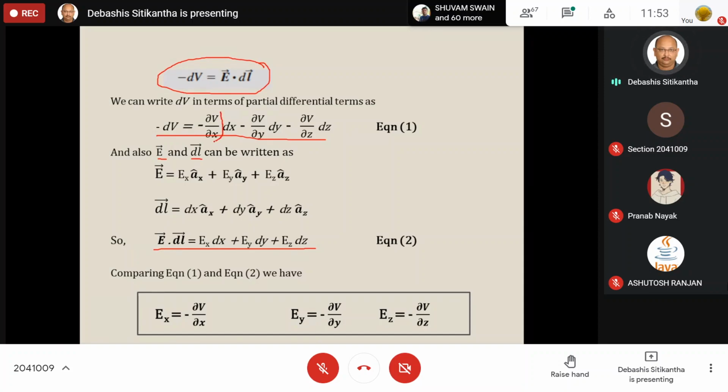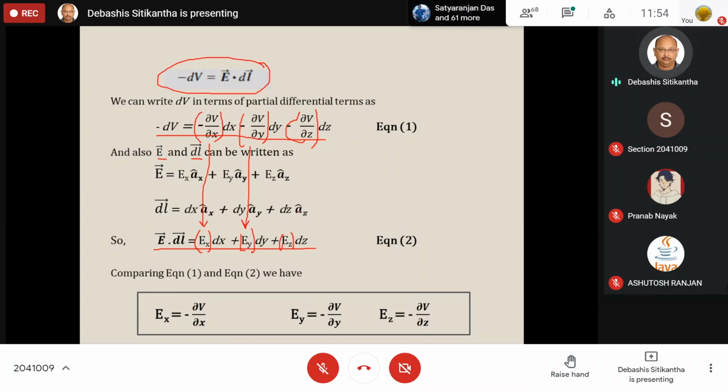term by term. So the x component has a coefficient of minus del V by del x, and here dx has the coefficient Ex. So these two are going to be the same. Similarly, the coefficient for dy is minus del V by del y, and over here it is Ey. So these two must be the same. Similarly, minus del V by del z is the coefficient of dz, and the coefficient here is Ez.